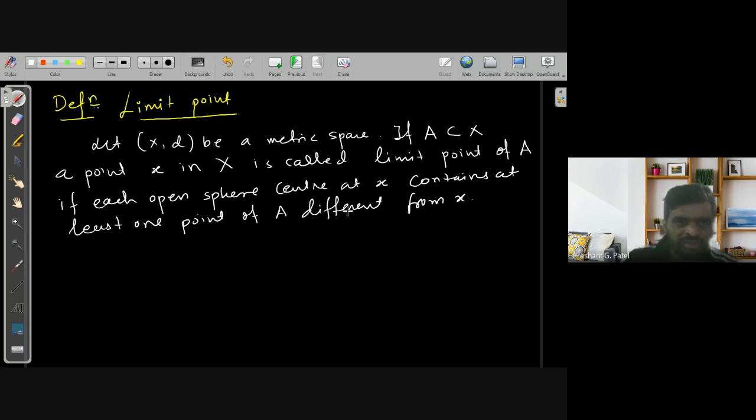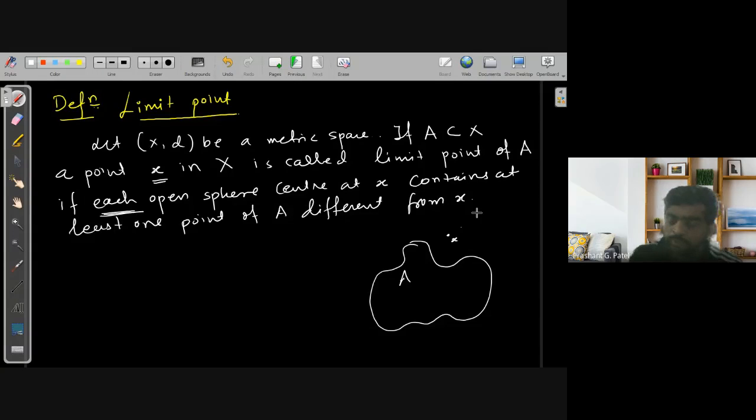What does this say? Suppose this is the set A, and this point X may be outside or inside the set, we don't know. But it says that if there is a point X, and you are able to draw each neighborhood of this, so that's why it is each open sphere.